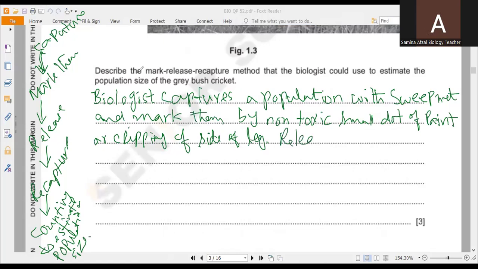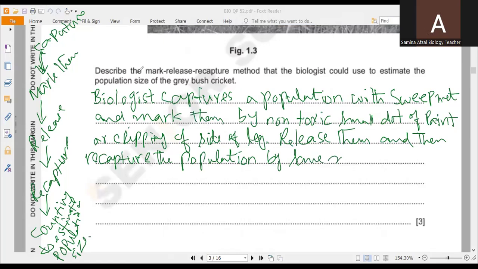Release them, and then recapture the population by the same method, and count the number of population organisms.